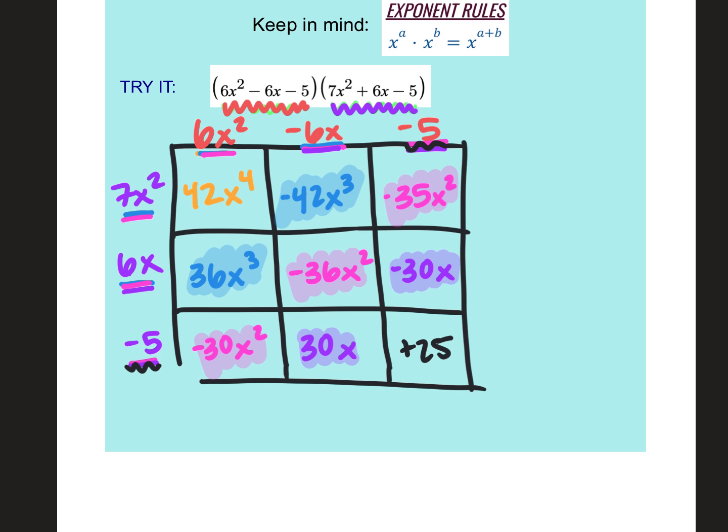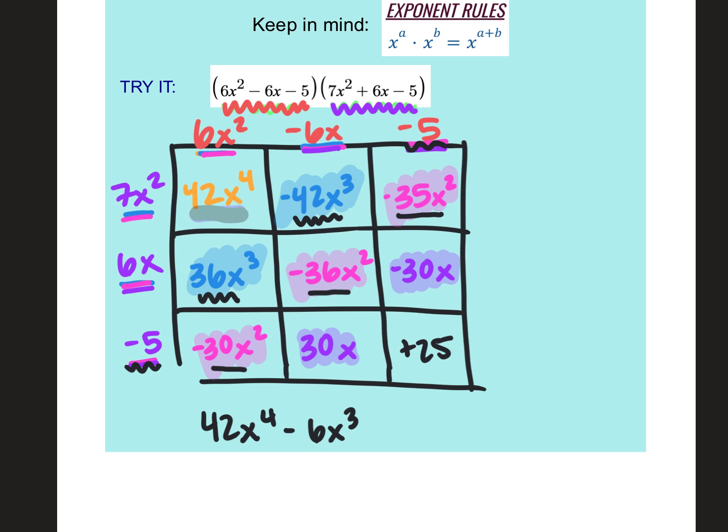So starting with the top left, we have 42x to the 4th power. No like terms to combine it with. For my x cubed, I have a +36x cubed minus 42x cubed, giving me -6x cubed. For my x squared, we have -30, negative 36 and negative 35.